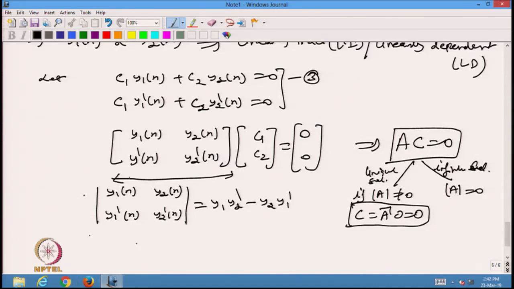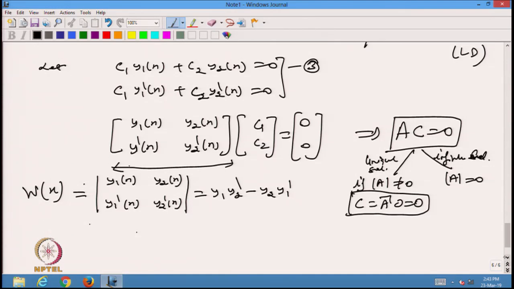We call this determinant by a new name, W, which is a function of x, sometimes written W(y1, y2)(x).